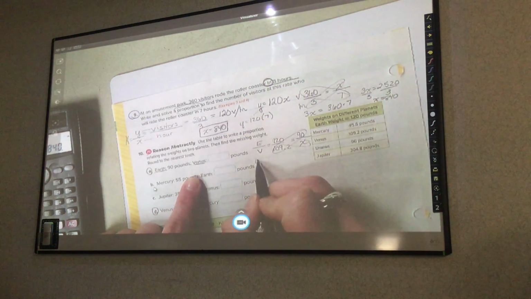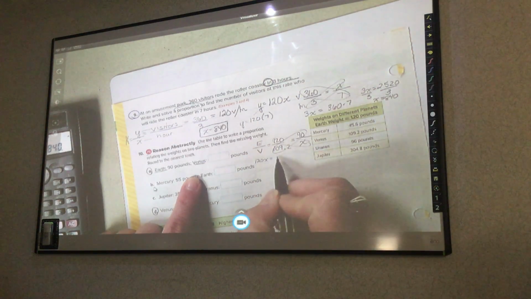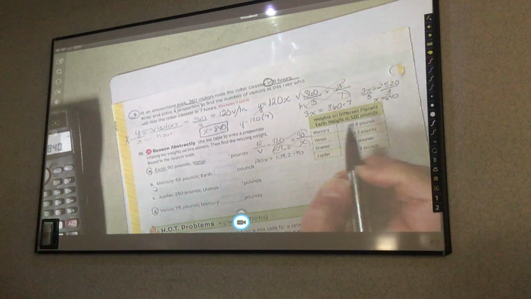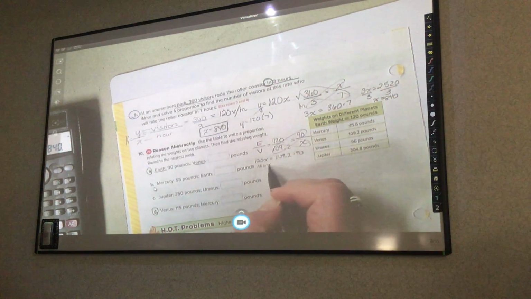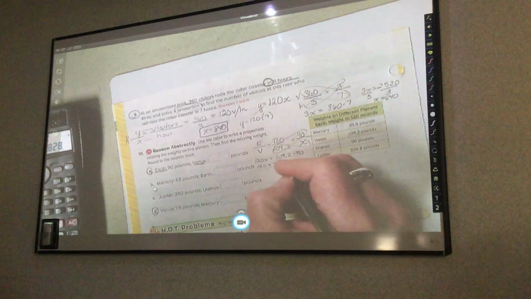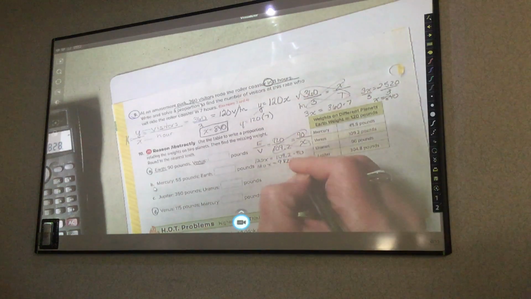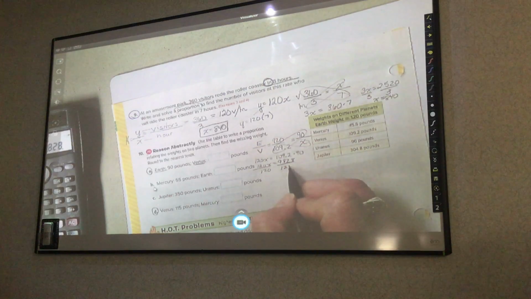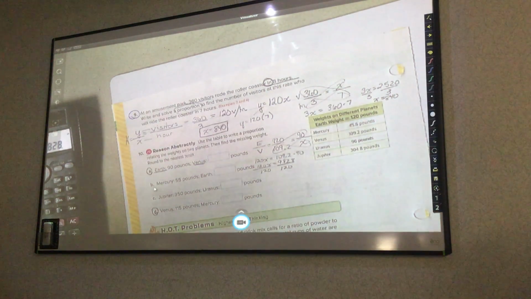So now I have 120x equals 109.2 times 90, which is 9,828. Divide by 120.